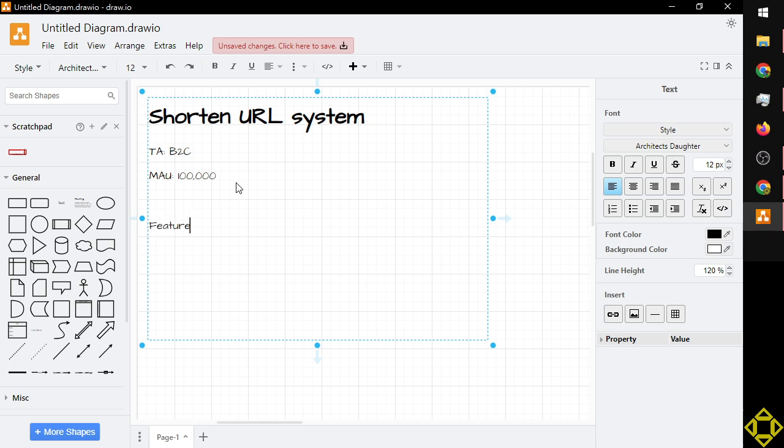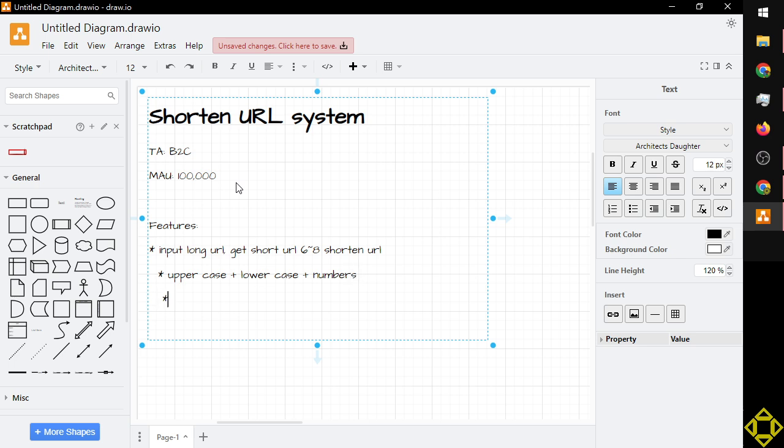Functional basic features: the user will give a long URL and get a short URL. It's approximately 6 to 8 characters long, and it will be uppercase plus lowercase plus numbers.